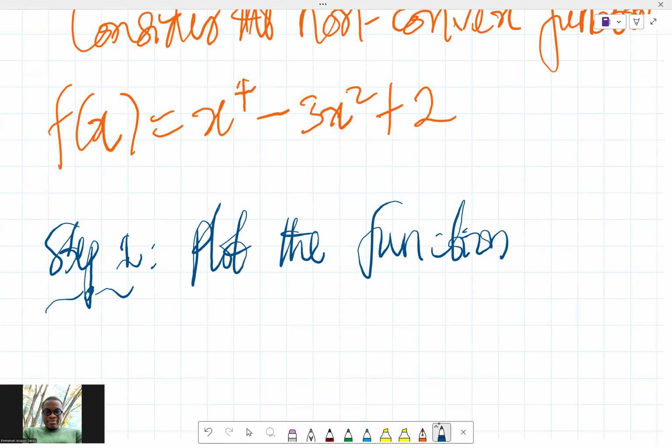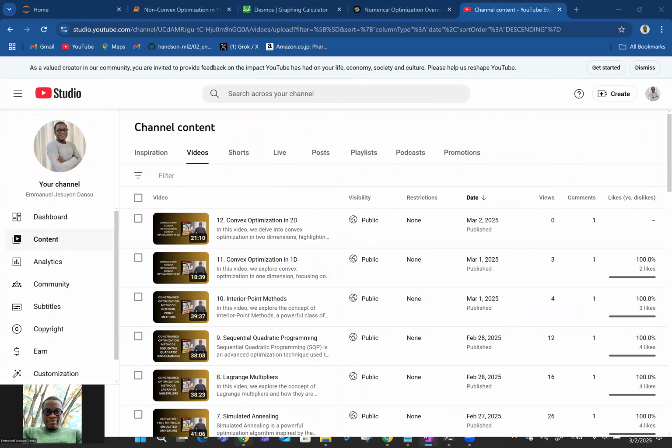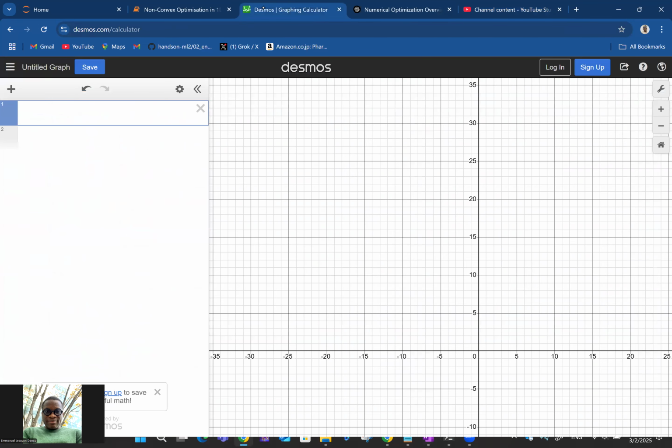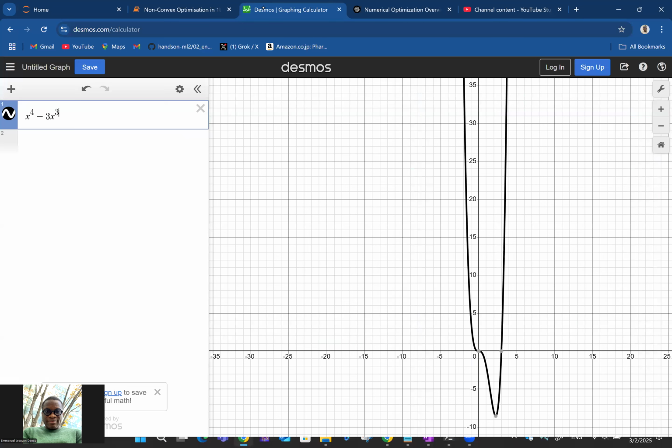Thankfully, it's easy to plot this particular function, and as usual I'm going to use Desmos for the plotting. So we are talking about x raised to power 4, then minus 3x raised to power 3, then plus 2.